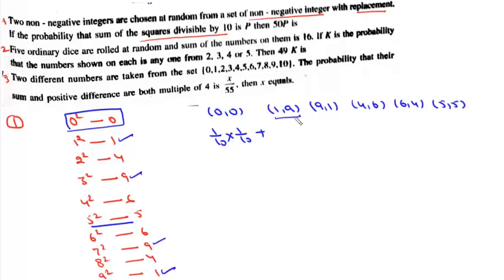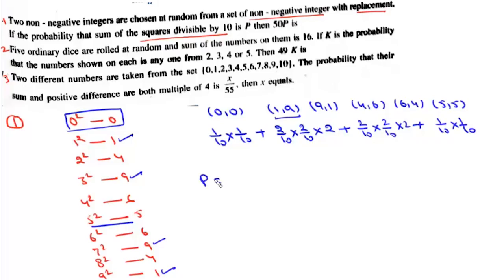Now 1 and 9. Now choosing 1 is 2 by 10 and choosing 9 is also 2 by 10, and then we have this 9, 1, so it will be this into 2 plus now 4, 6. 4 is 2 by 10, 6 is also 2 by 10, and then into 2 plus 5 and 5 it will be this 1 by 10 into 1 by 10.